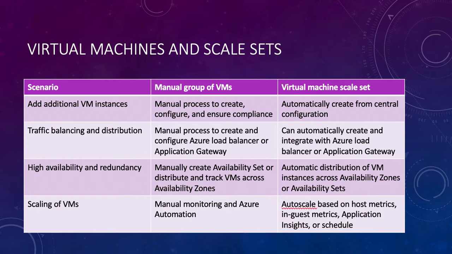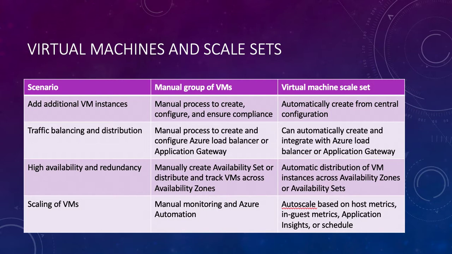From the perspective of traffic balancing and distribution, the manual process to create and configure Azure Load Balancer or Application Gateway or anything in the VNet that you create can be replaced by the virtual machine scale set, which can automatically create and integrate with Azure Load Balancer or Application Gateway without your interference.